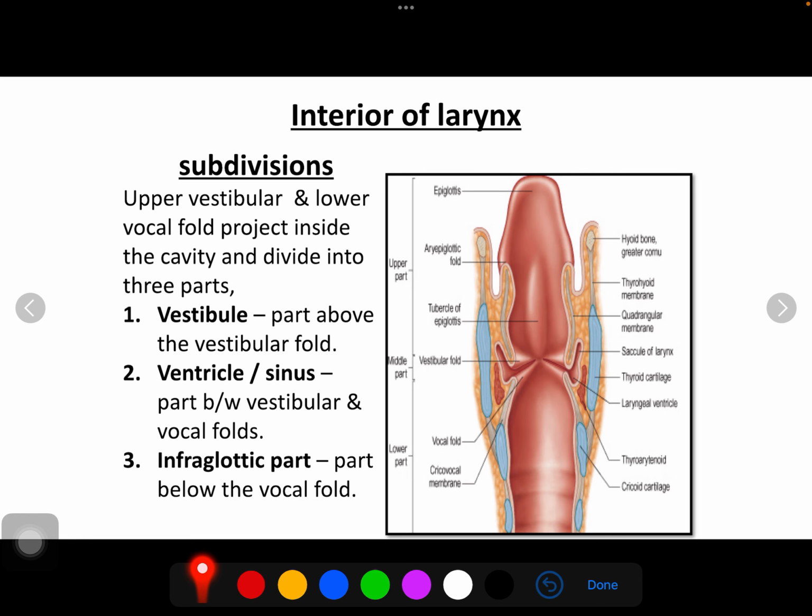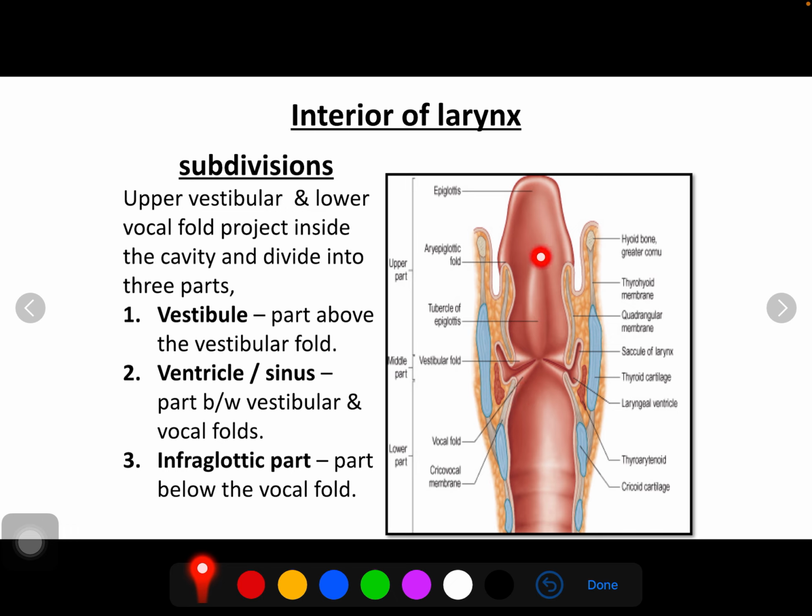The next one is the interior of larynx, which is subdivided into two pairs of mucosal folds, an upper vestibular fold and a lower vocal fold. Then the laryngeal cavity is divided into three parts.